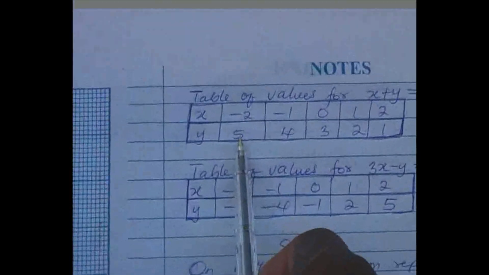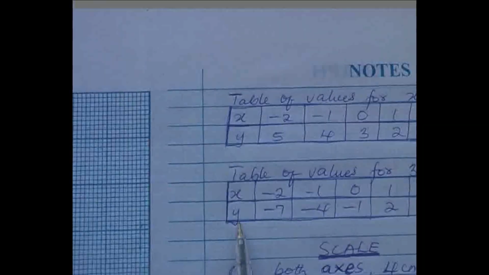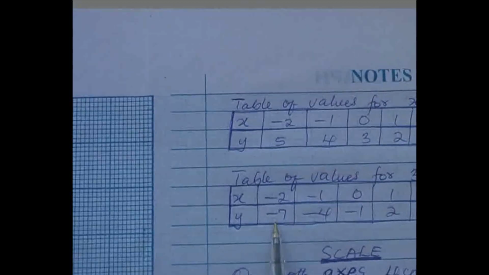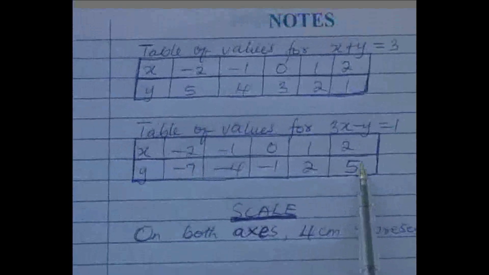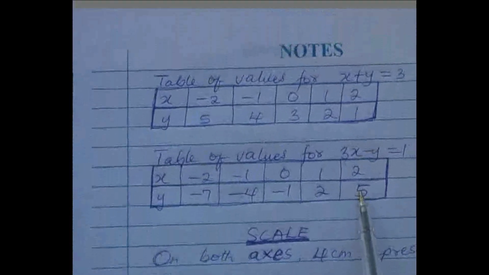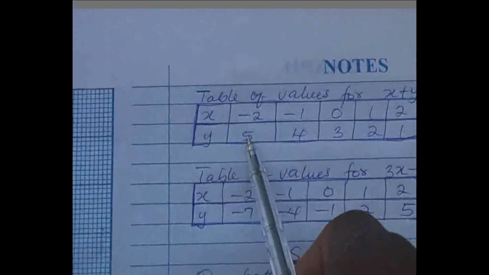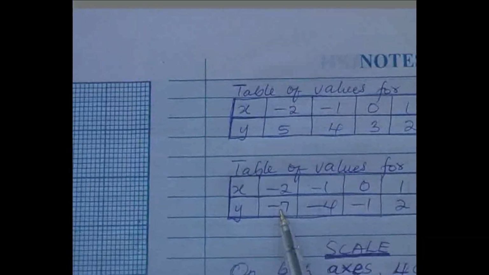Now the drawing of the y-axis, which we are going to draw across, will also depend on the values of y. Look at the table of values: in the first one they are all positives, while in the second one we have negative and also positives. The highest positive we have here is 5, and the highest positive here is also 5, but the highest negative we have here is -7.